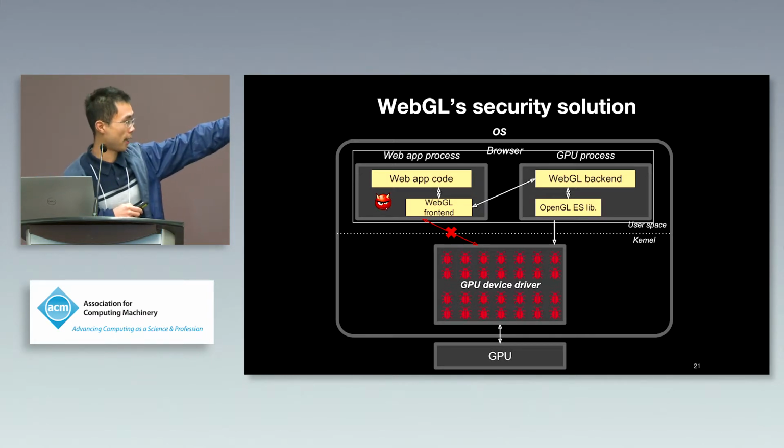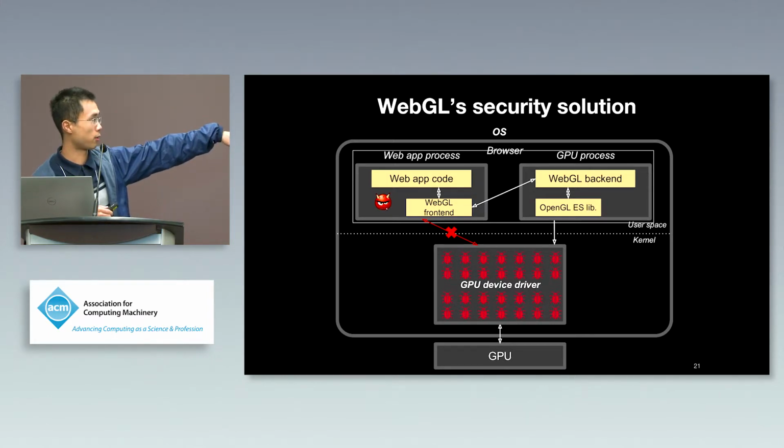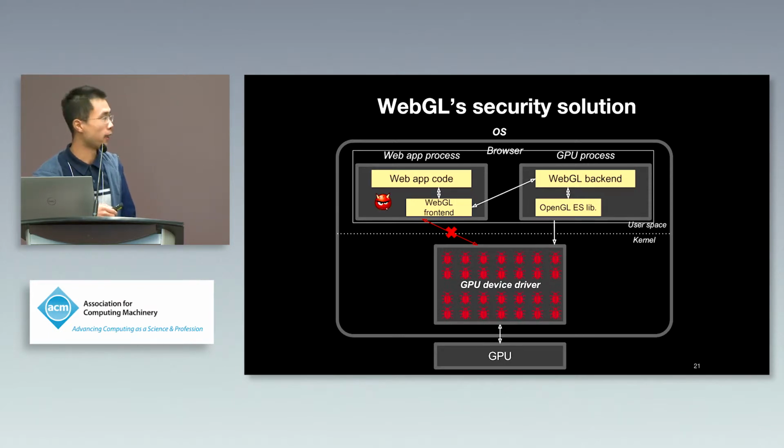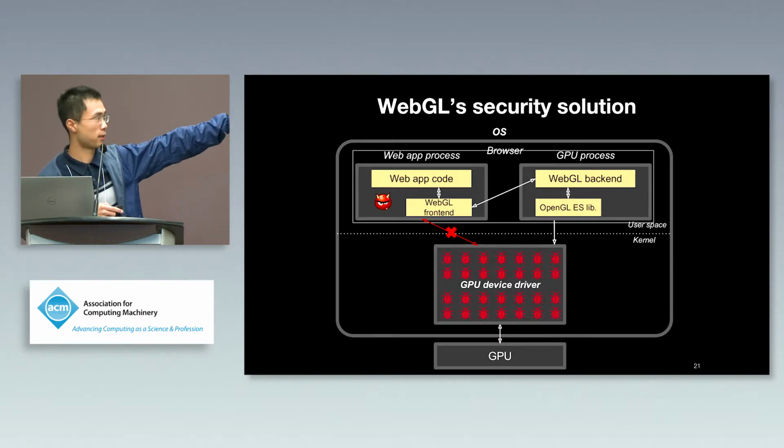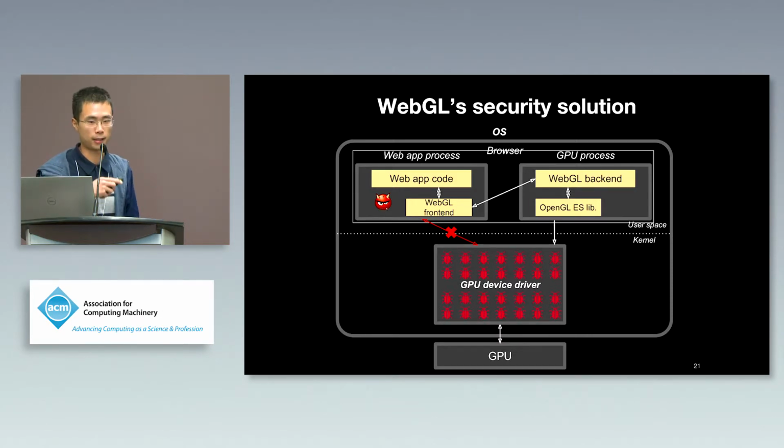This GPU process has access to the GPU device driver and has a GLES library. The web app code that wants to use the GPU first calls the WebGL frontend, and the frontend sends the command and data over IPC to the GPU process, which then executes the call.